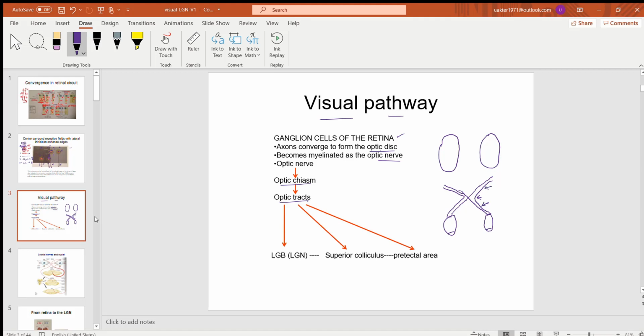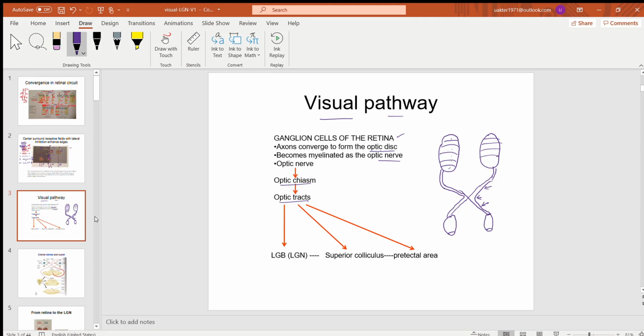You already know. And the optic tract carries the signal to the lateral geniculate nucleus. And you also remember that the lateral geniculate nucleus has 6 layers. Okay, 1, 2, 3, 4, 5. There should be one more. Same this way, 6 layers.